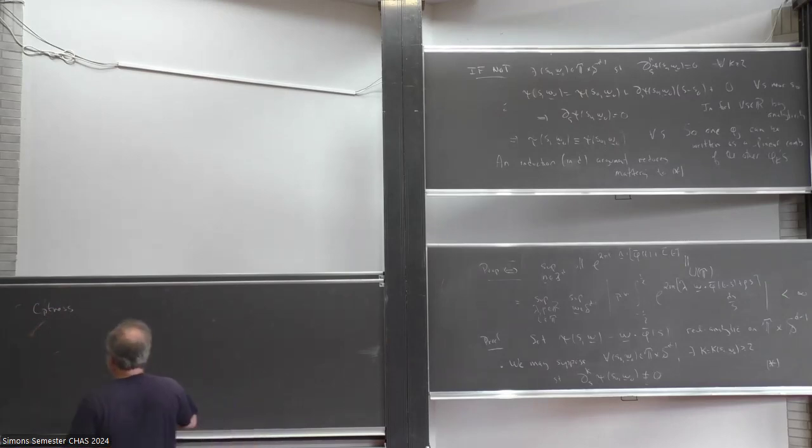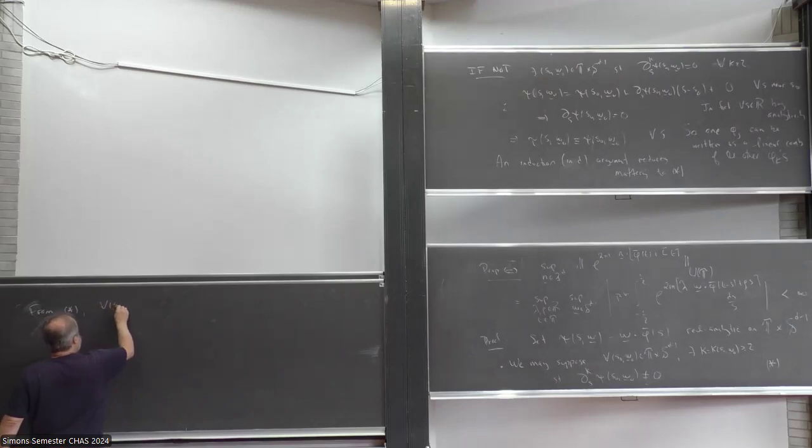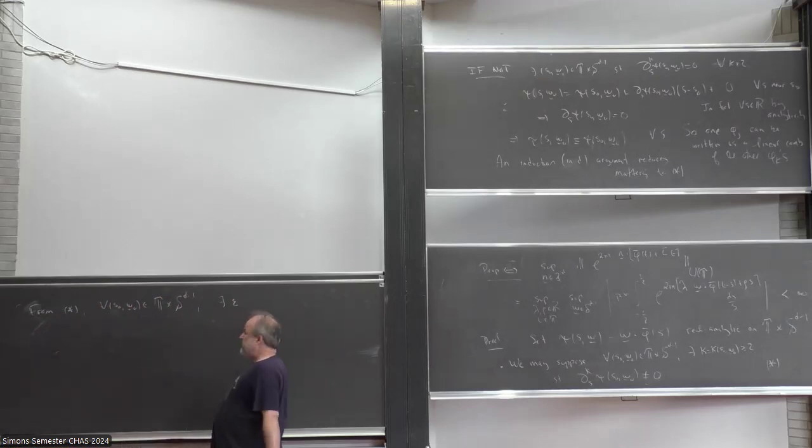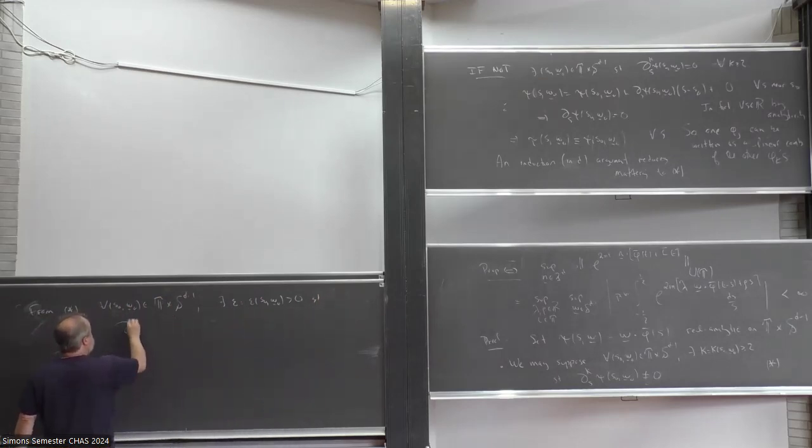So from star, I can find a neighborhood, so that for every S naught, omega naught in this compact manifold, there exists an epsilon, which will depend upon that point, positive, such that the S derivative at this value K, which depends on this point, we know is non-zero.